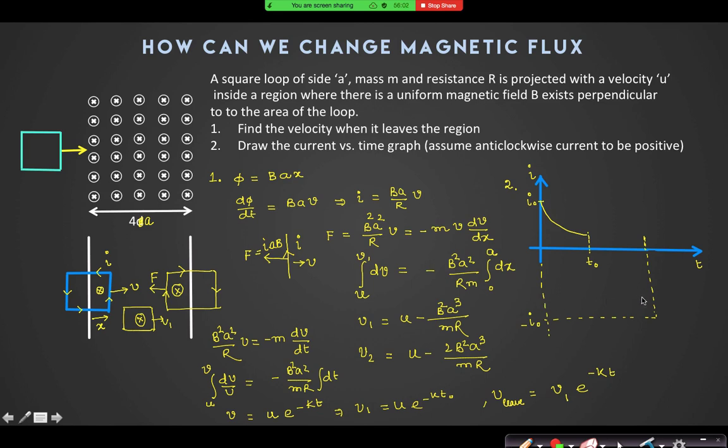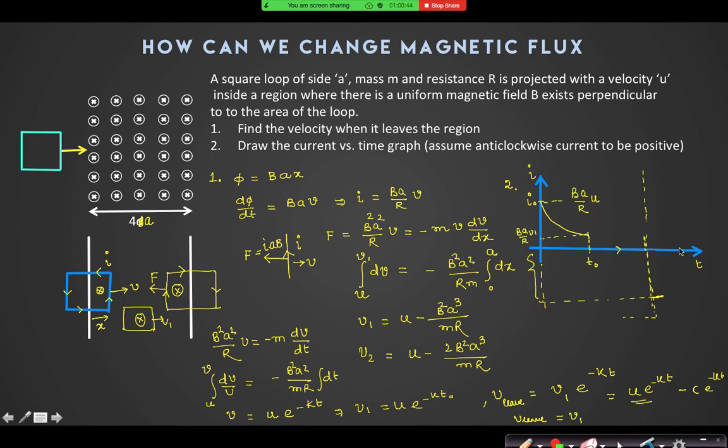When it leaves, instead of U, I will write V1. That is the only change I will make. Now V1 is equal to U minus this one, so it is U into e power minus kt minus some constant into e power minus kt.